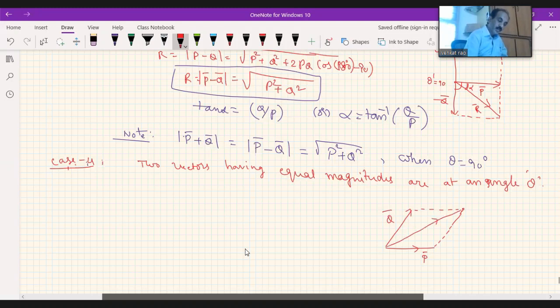This is P bar plus Q bar, right? This angle is theta. Now P equal to Q.